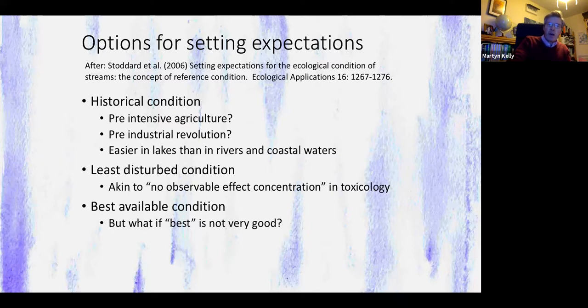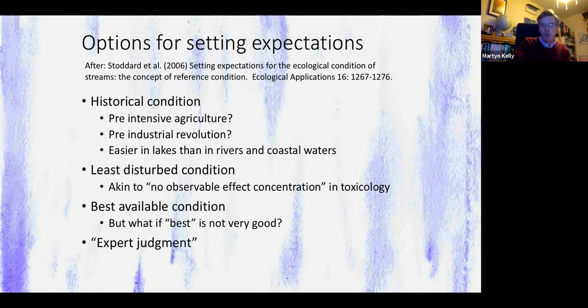The option of best available condition was discussed, but in the early years it was not recommended because of this concern, what happens if your best is not very good? And bear in mind, we've got some very densely populated parts of Europe, such as the Netherlands. So we felt that if we went for best available condition, it might be some distance from a true no effect concentration.